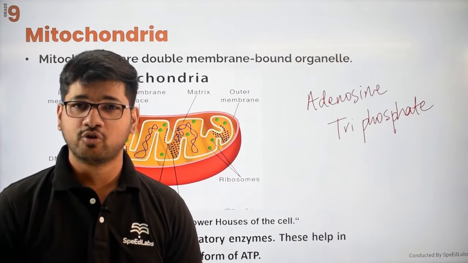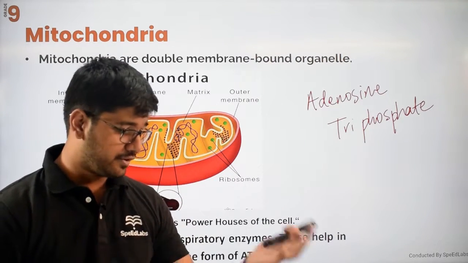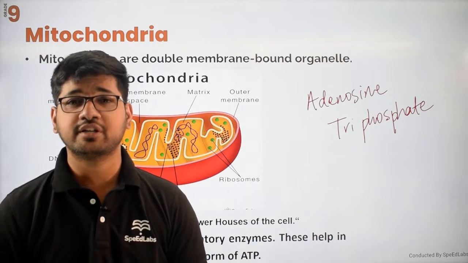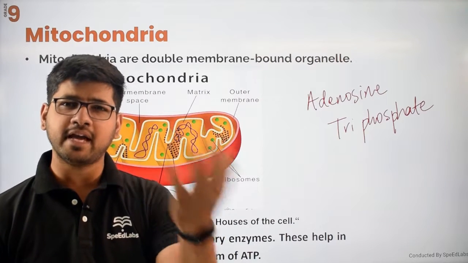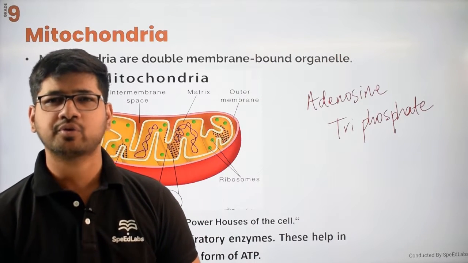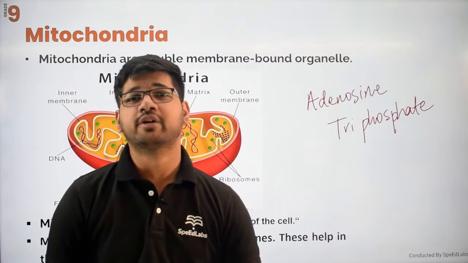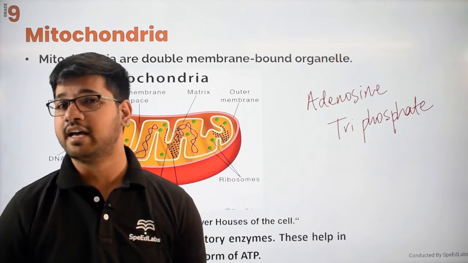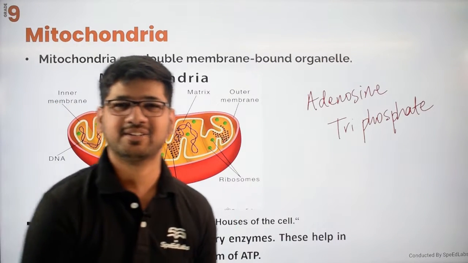So that energy can be given, energy can be transferred like a currency. Like if you want to purchase something, you pay in a particular currency, like some rupees, right? Similarly, if you want to get some work done, energy is required, and energy synthesis is done at mitochondria.